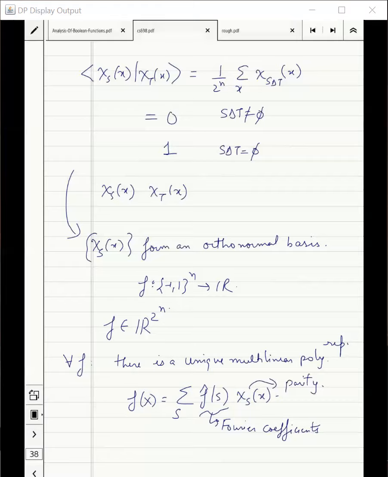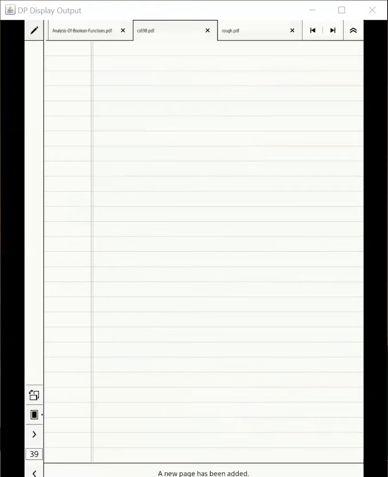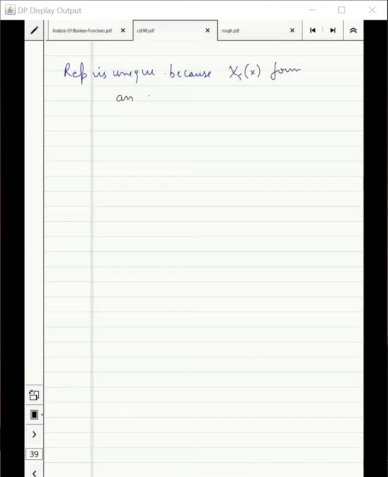Representation is unique because chi sx form an orthonormal basis. The proofs have been covered, and what inner product we are talking about, everything has been covered.